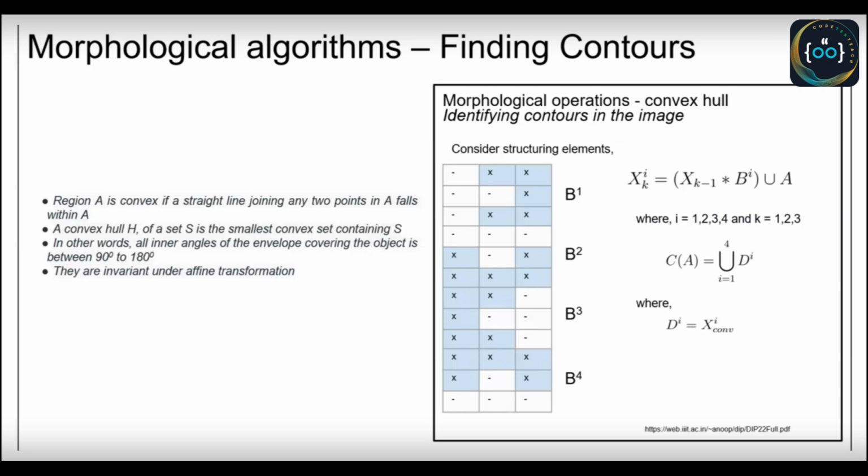Contours can be thought of as a curve joining all the continuous points along the boundary having the same color or intensity. The contours are a useful tool for shape analysis and object detection and recognition.